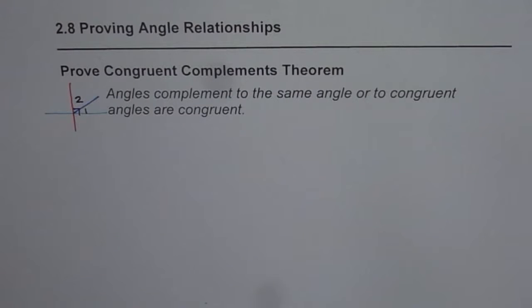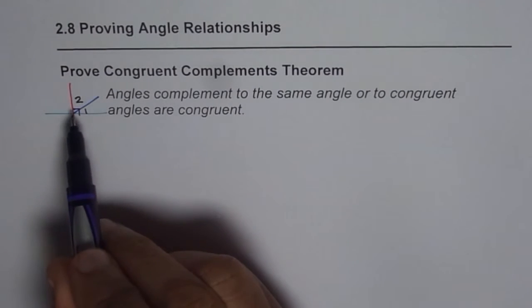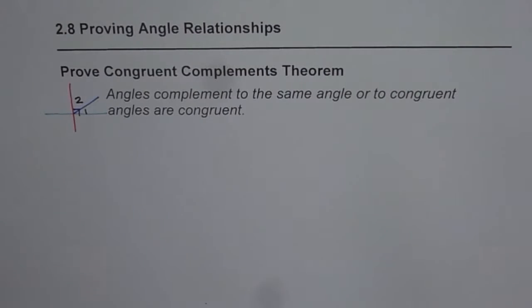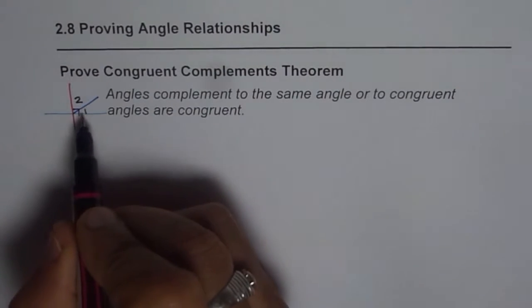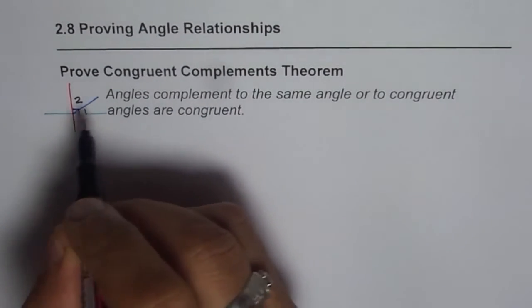Well, it is not necessary that two angles should be adjacent to each other as shown here. We could have another angle elsewhere. For example, I'll draw one here. Let me not say it is equal to 1, that is what we need to prove.